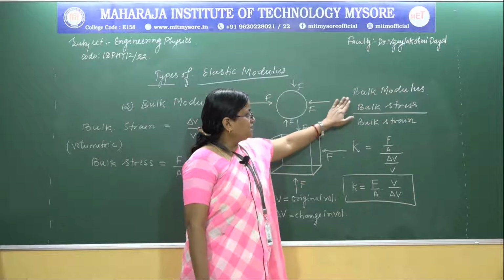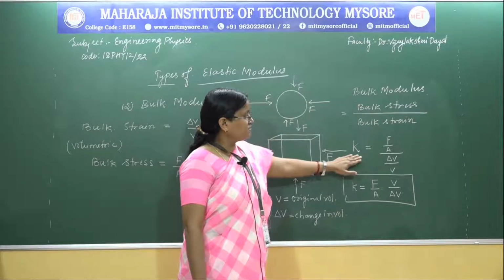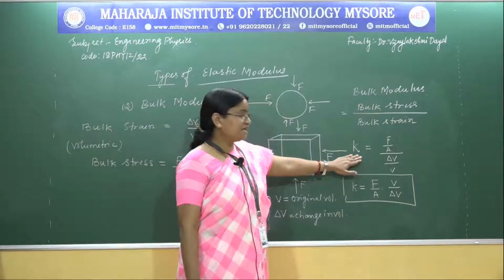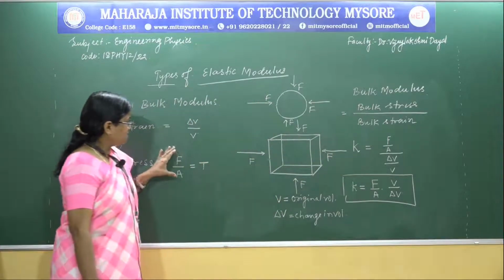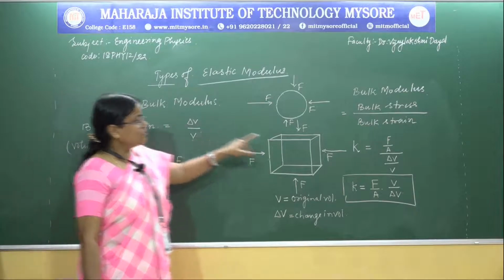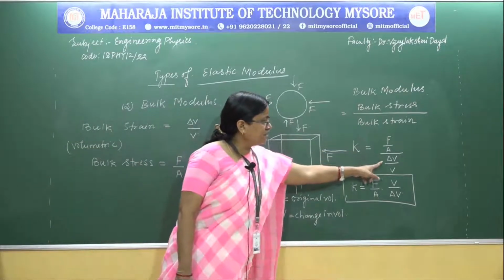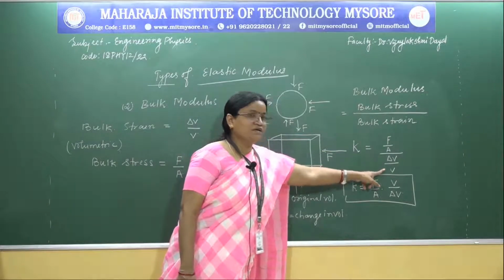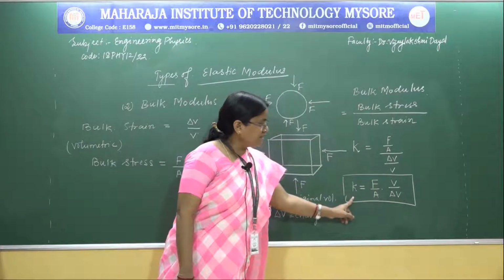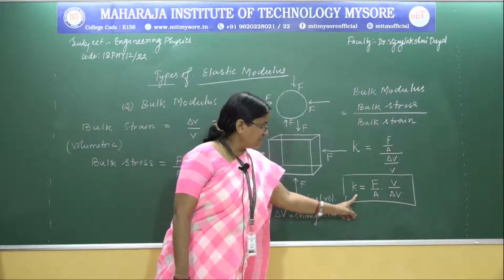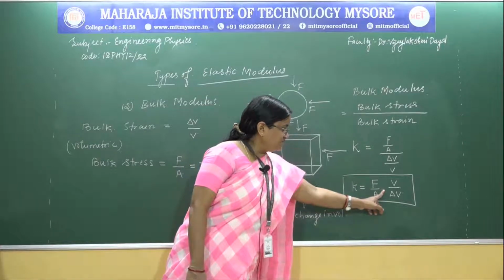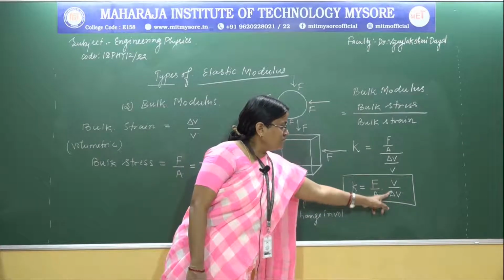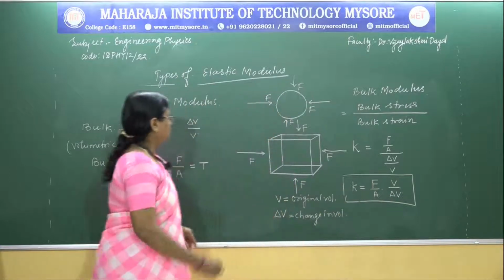Bulk modulus is denoted by K, which will be equal to, as per the equation, stress by strain. So, force per unit area divided by change in volume by original volume, and rearranging this equation we get K is equal to F by A into volume divided by change in volume.